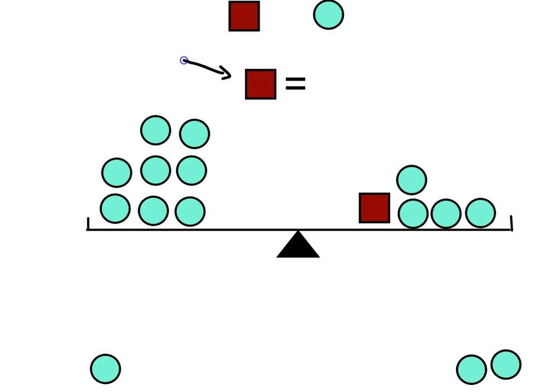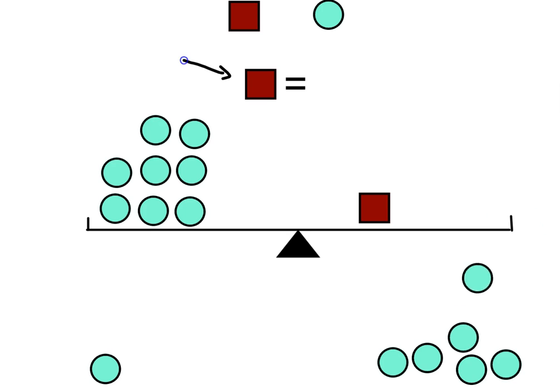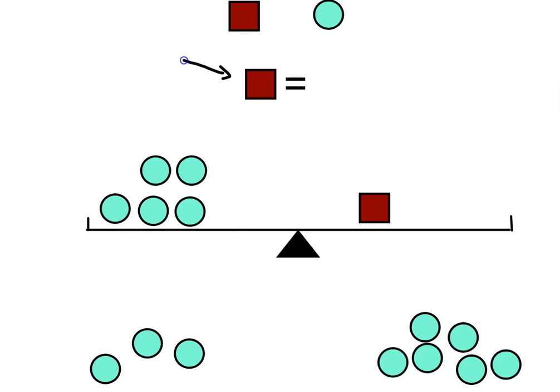So if you keep doing this, but take off all 6 of these circles, then you have to take off 6 circles from the other side. When that's done, you see that you've got 1 maroon box on one side and 3 circles on the other side, and we have a balanced equation because we took off the same amount of circles on each side.